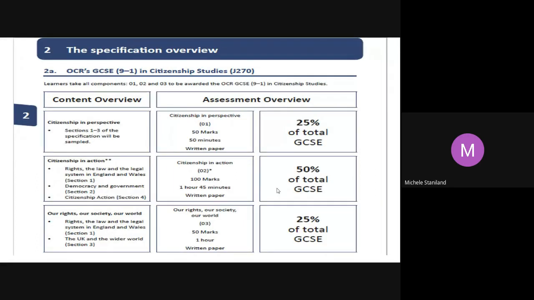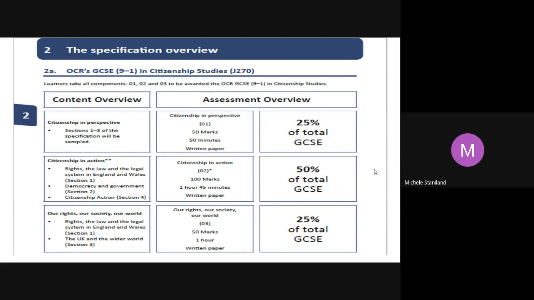So there will always be in each paper one question that will require you to be able to think critically and to be able to communicate that in writing. But you will get a lot of practice for that, and it's very similar, as I say, to a lot of the other assessment criteria in some of your other subjects.